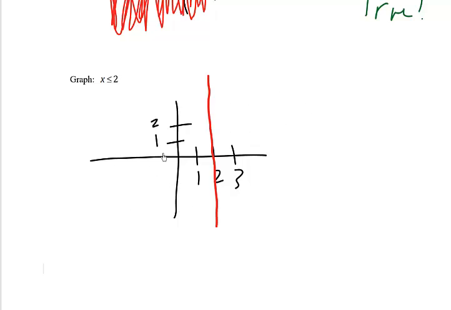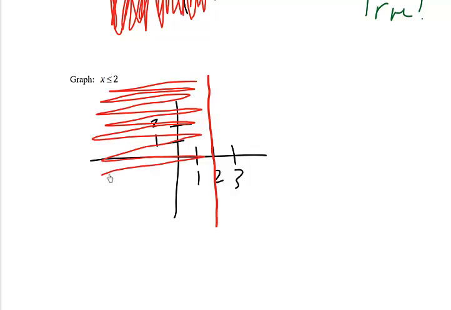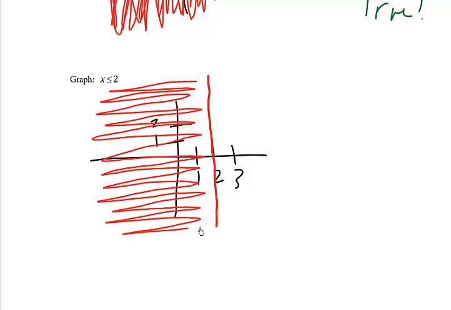In our case, we want all x's less than 2. Those are going to be found over here to the left, and so that's where we'll shade. Here then becomes our final answer, all of the points on the vertical line and to the left.